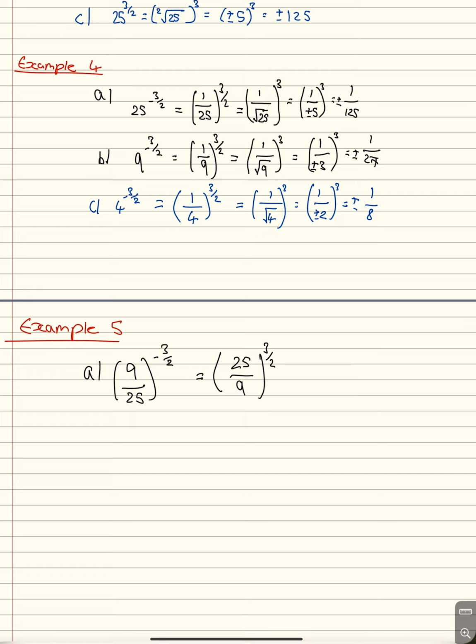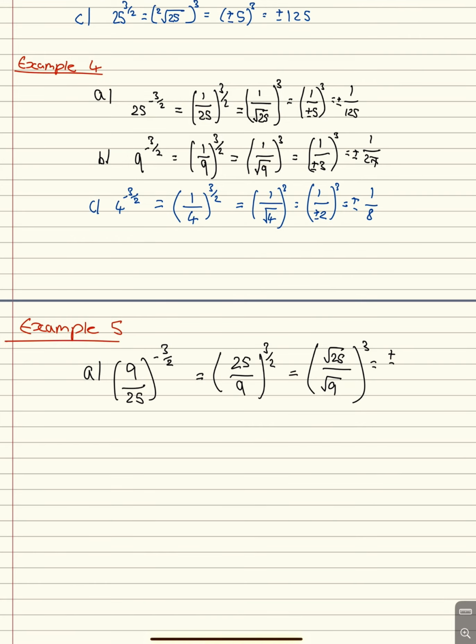And again, we do the denominator first, because that takes the square root. So we take the square root of 25 and the square root of 9, and we put that all to the power of 3, keeping the numerator the same.